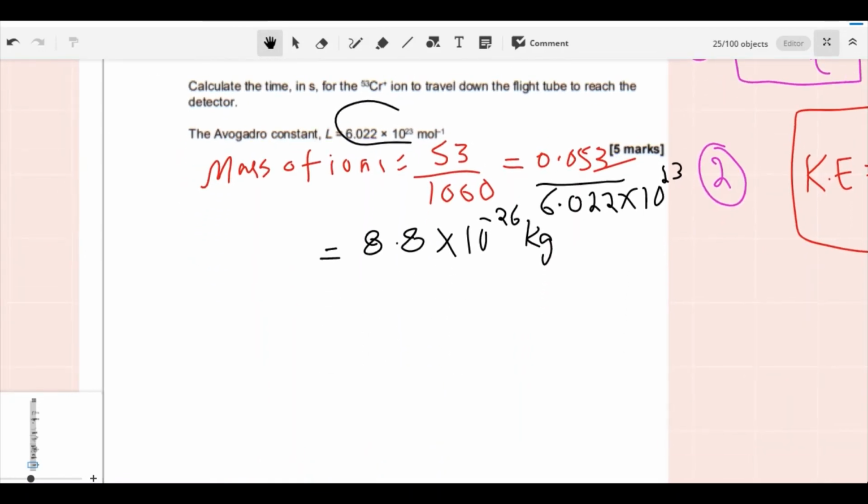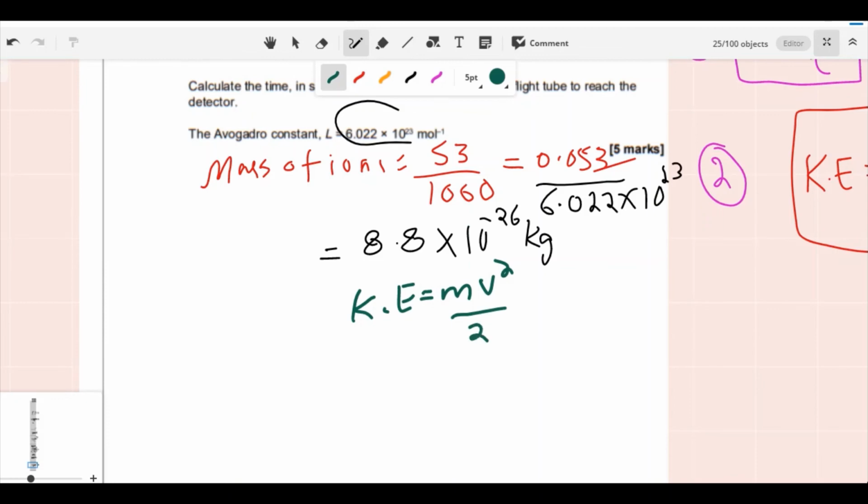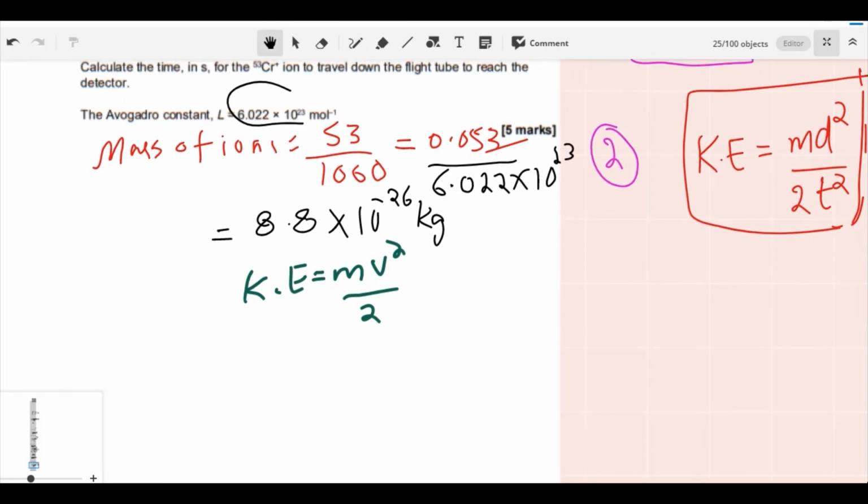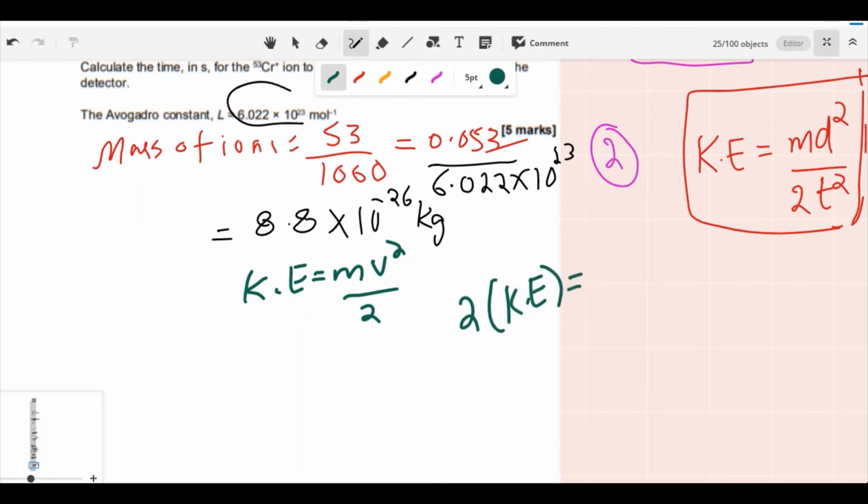Now we can easily solve it. For example, if we use the first formula that is given, kinetic energy is equal to mv square divided by 2. So you can rearrange that: 2 into kinetic energy, divided by m, is equal to v square.